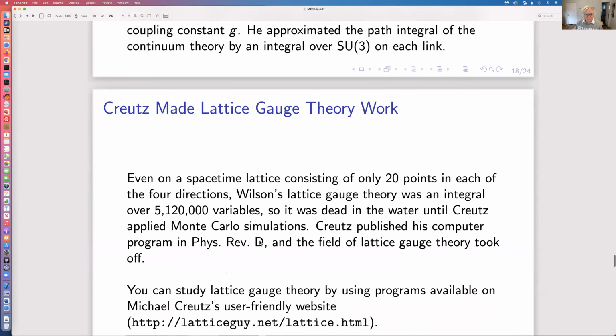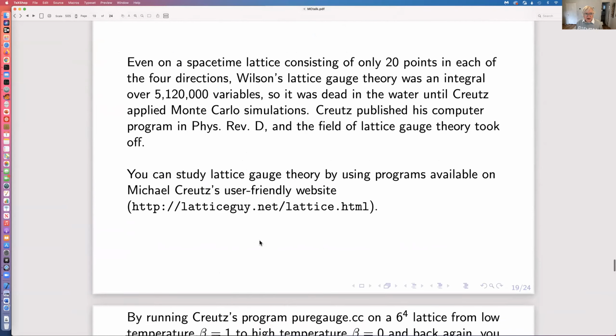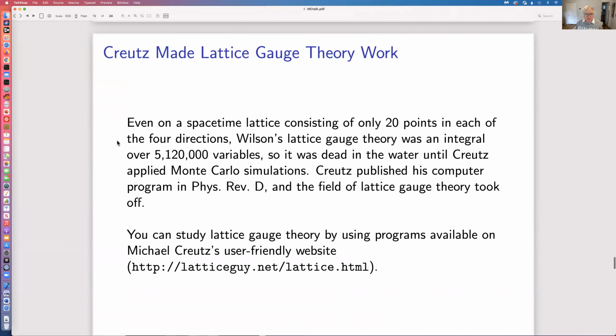The problem was that even on a space-time lattice consisting only of 20 points in each of the 4 directions of space-time, so in other words, you take our infinite universe and collapse it to something that's 20 by 20 by 20 by 20, still, Wilson's lattice gauge theory is an integral over 5,120,000 variables.